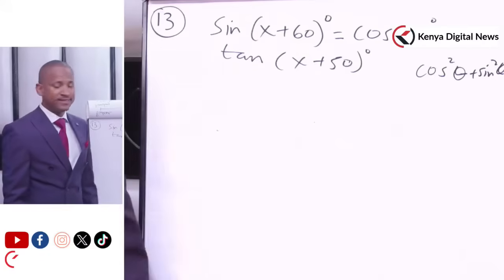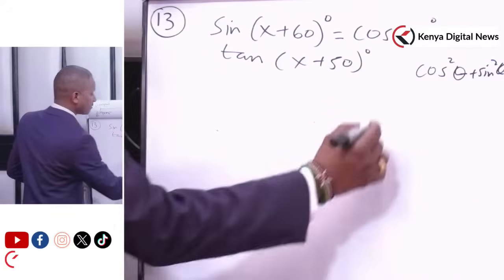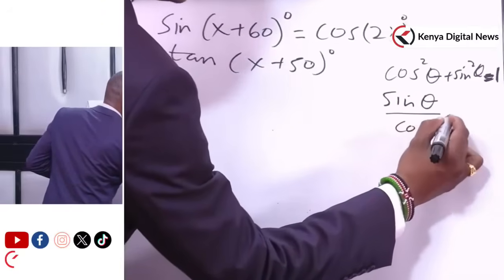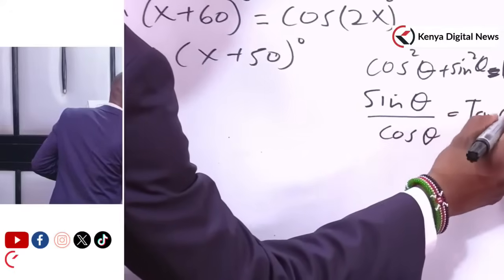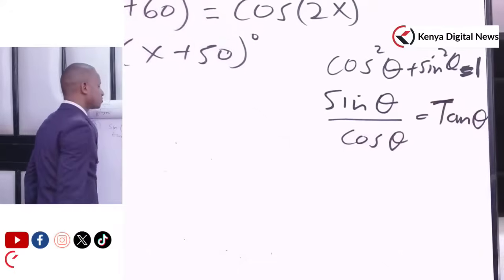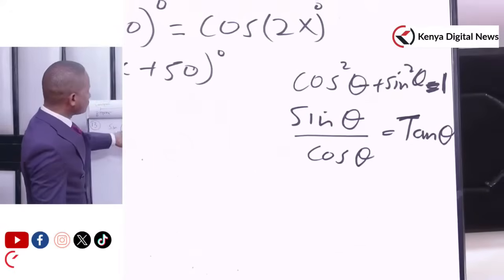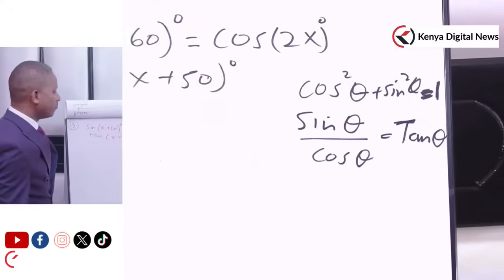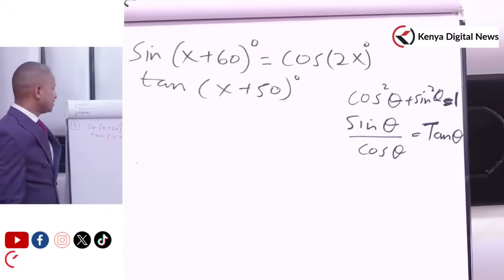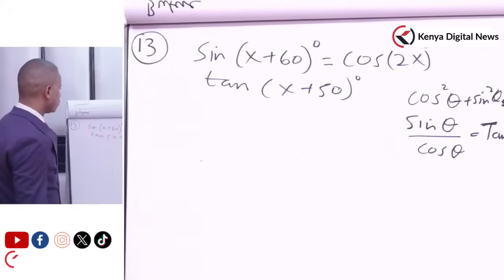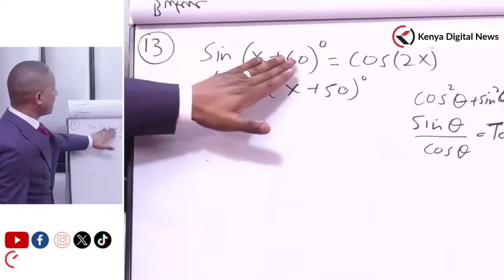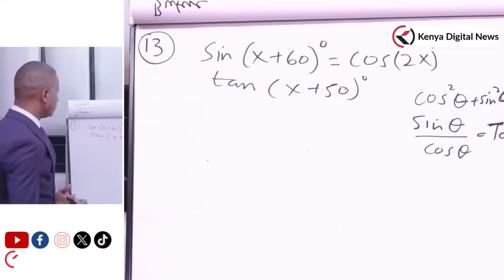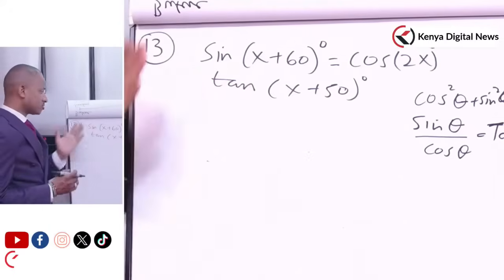Then we also have another rule that states that sine theta over cos theta equals tan theta. This is also another rule. But when we come to this, I want us to deal with the identity triangles in trigonometry, then I will come and solve this. So let us work out the identity triangles that we have.